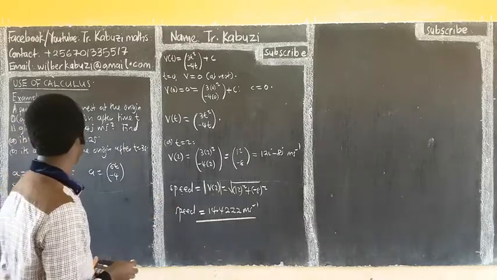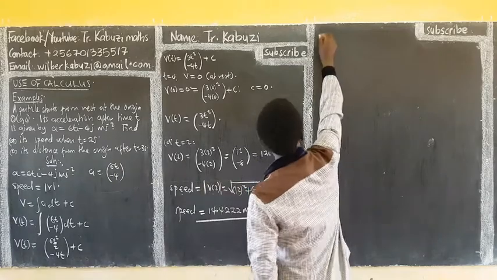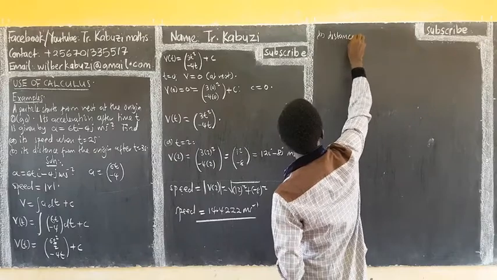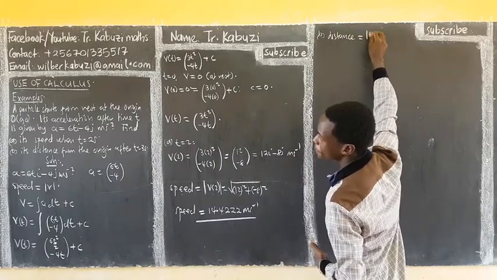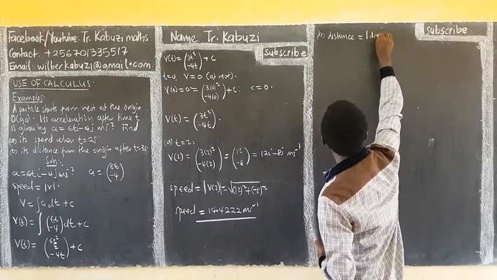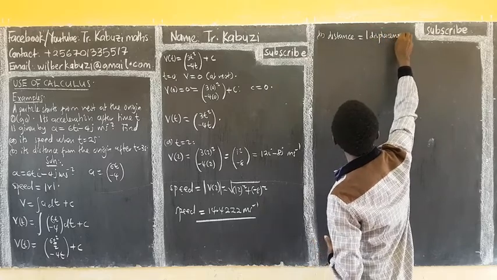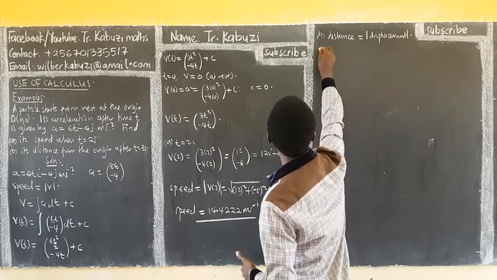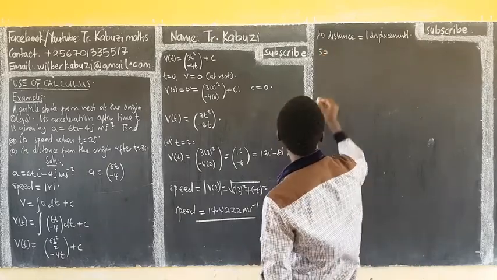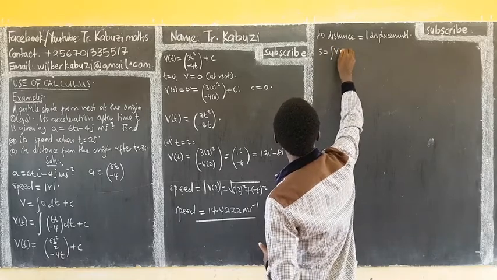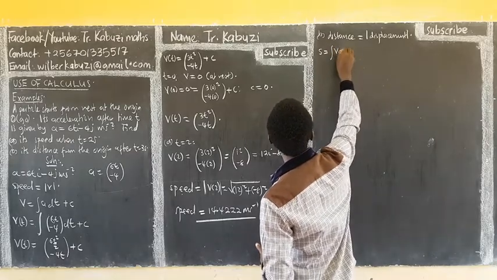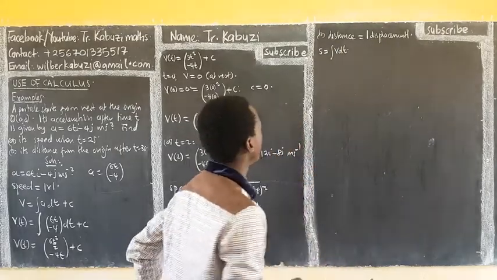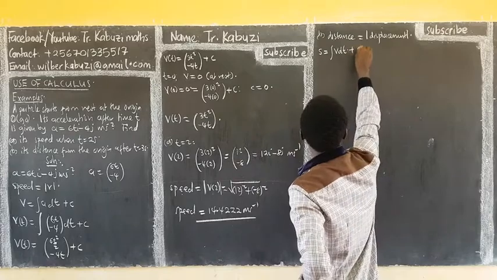Then part B, they need us to get the distance. In part B, we know that our distance is always equal to the magnitude of displacement. So how do we get our displacement? To get displacement, we integrate our velocity with respect to t. As simple as that. Of course, plus a constant of integration.